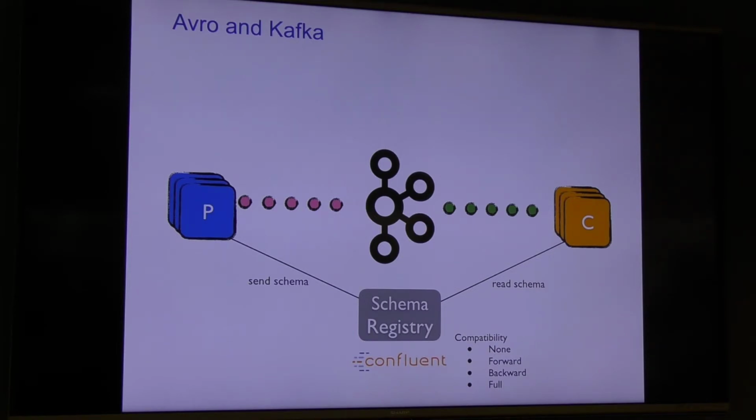You could say you don't want any compatibility between the source and the reader schema. Forward compatibility means newer versions of the schema will work, but not necessarily that the older versions will work. Backward compatibility is the other direction, and full is both ways, forward and backward compatibility across schemas.